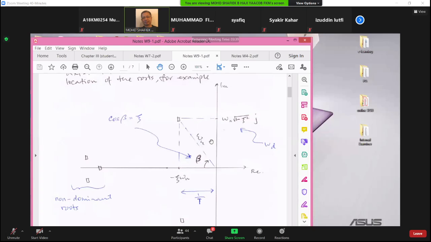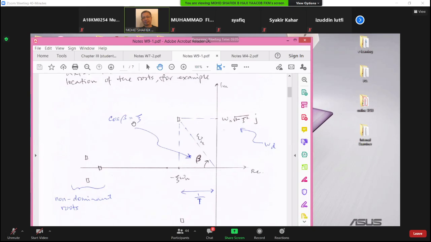See, the closer you are to the imaginary axis, the bigger your time constant. The bigger the value of your beta here, the smaller the cosine beta, and the smaller the damping ratio becomes.